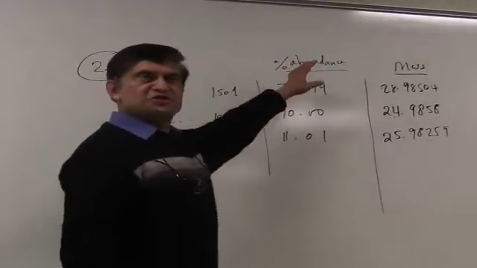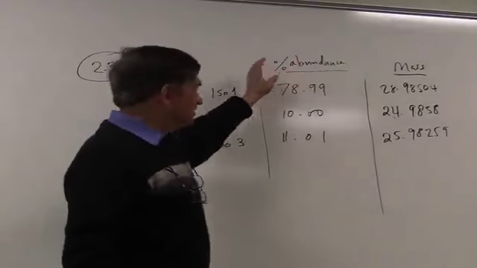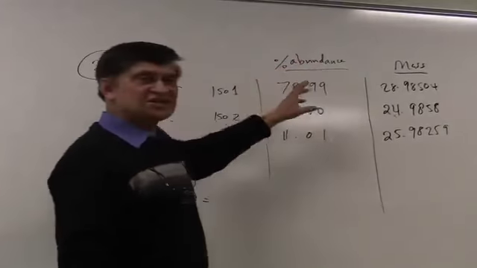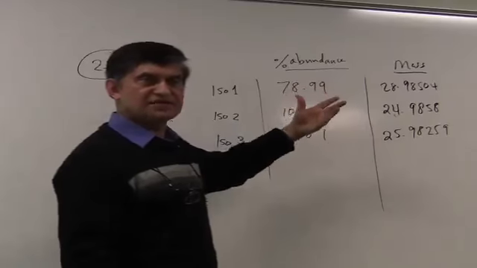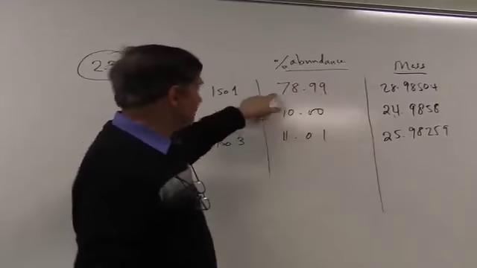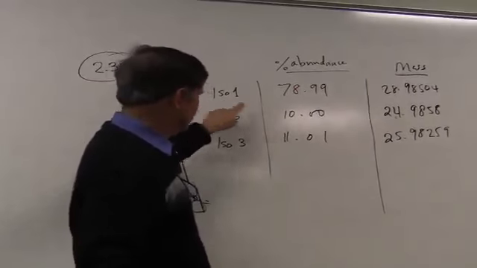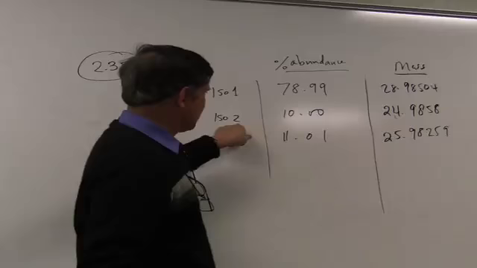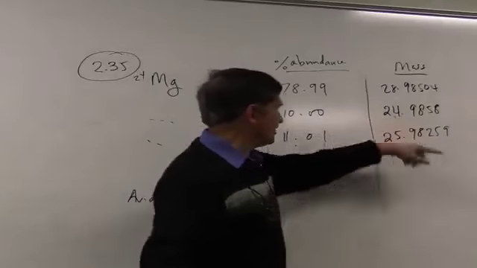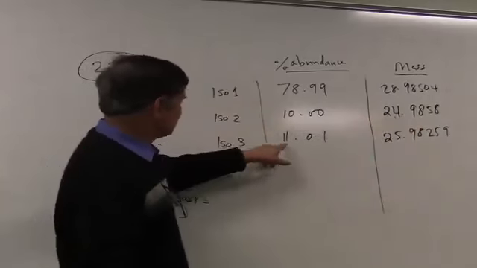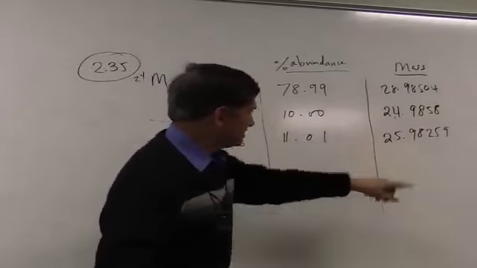Percent abundance means what percent of different types of magnesium exist in nature. So if you get magnesium from nature, it would have about 78.99% of one isotope of magnesium. The second isotope is about 10% with mass 24.9858. The third isotope would be about 11% with that mass.